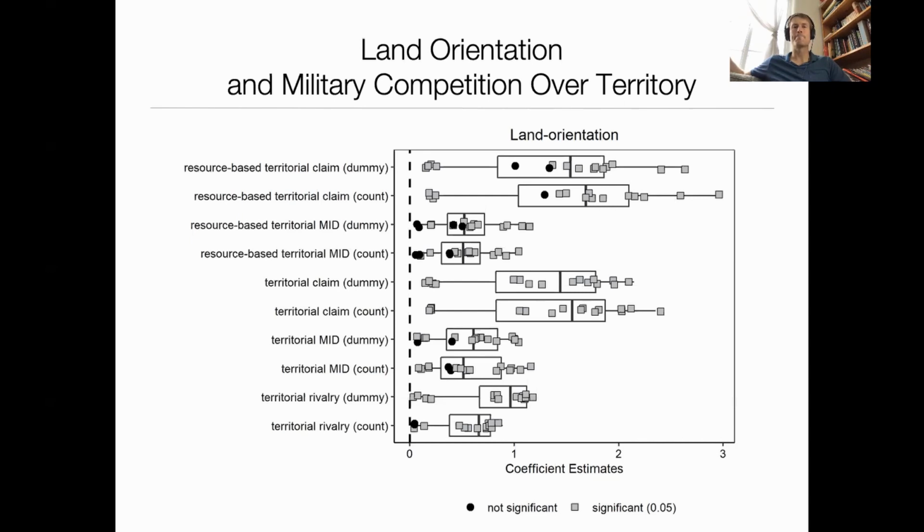So, in this particular paper that this figure is from, we were looking at the relationship between economic structure, and particularly whether a country is more land-oriented, getting a lot of their income from natural resources and agriculture, or whether they're more production-oriented, getting their income from manufacturing and services, right?